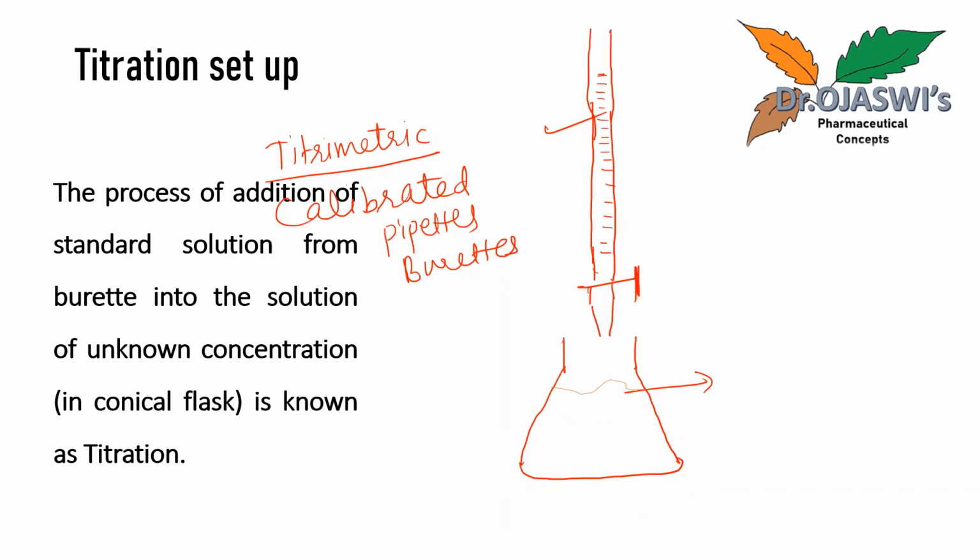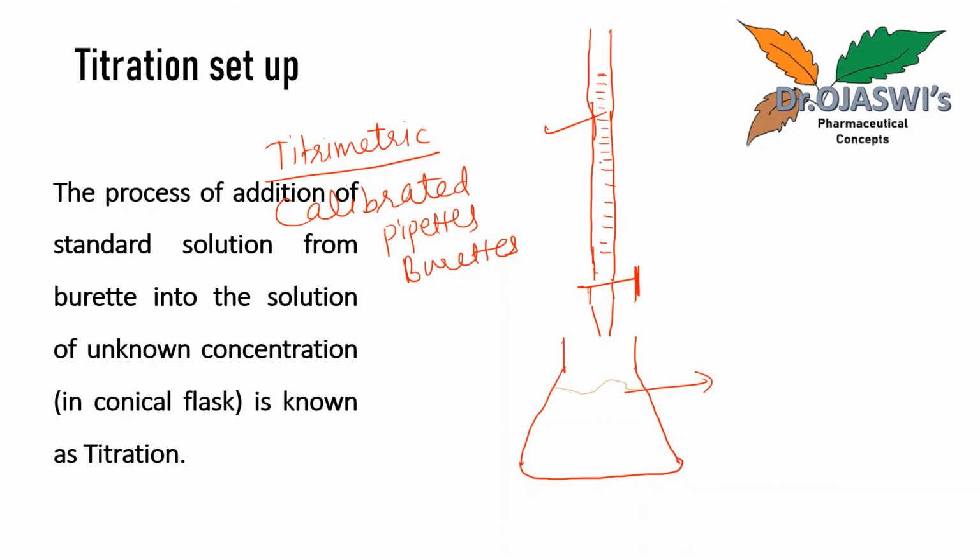It is the main piece of equipment required for the titration, and calibration is very important because it is essential for the burette to be as accurate as possible in order to dispense very precise amounts of liquid into the sample. Okay, the process of addition of standard solution from the burette into the solution of unknown concentration is known as titration.